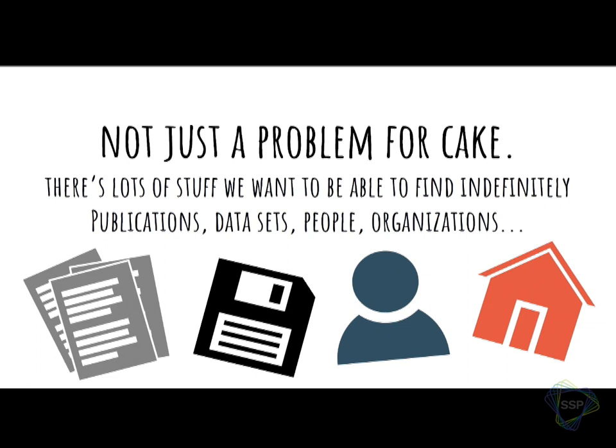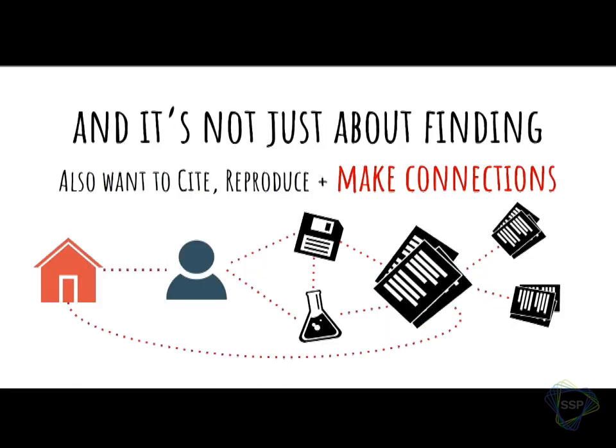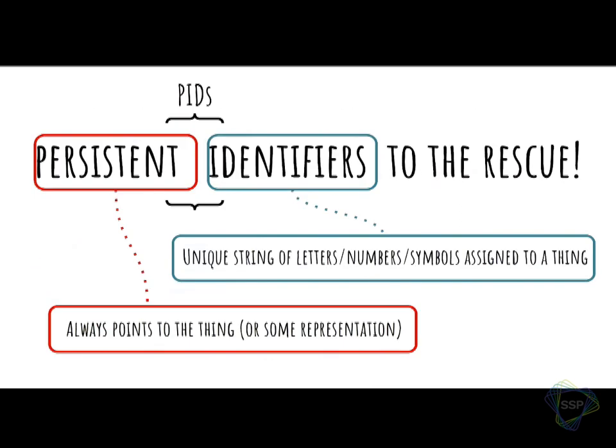In the real world, we have people and organizations that are connected to those things that we want to keep track of. And it's not just about finding things, but also being able to cite those things and reproduce those things, and also make connections between them. So the organization that an author is affiliated with, who wrote a paper or created a data set that served as the basis for a paper.